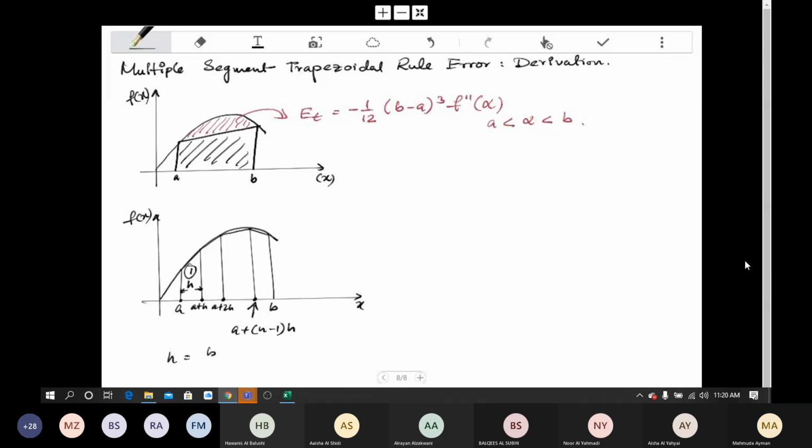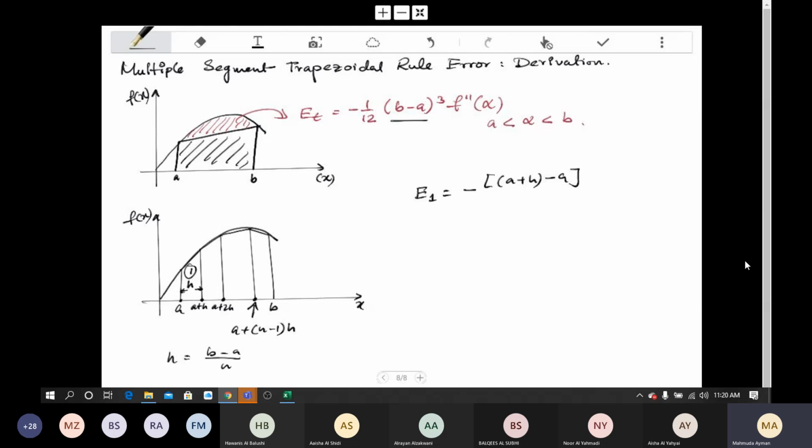h is equal to (b minus a) over n. I'm just writing the formula down there so I can use this space. So for the first trapezoid, we have the true error is minus (b minus a) cubed divided by 12. Instead of this b minus a, now we have our own boundaries here, which is (a plus h minus a).